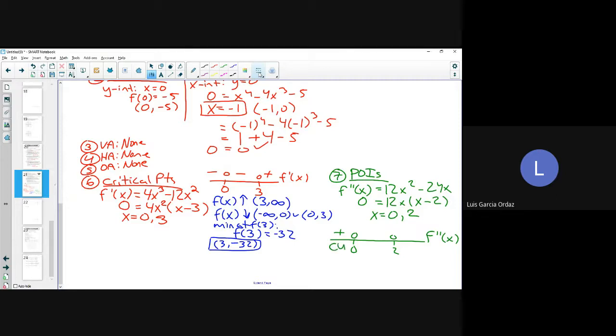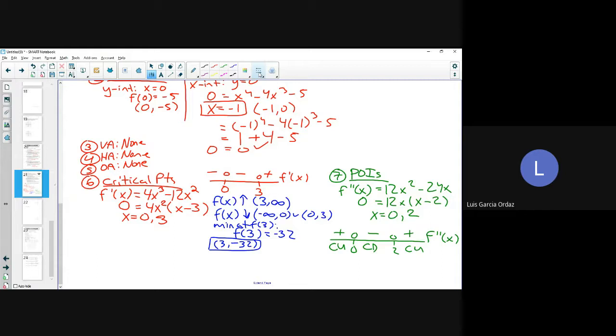If I plug in a number between 0 and 2, I get a negative, which means I'm concaving down. And after 2, I will be concaving up, which means that I need to figure out what f at 0 and f at 2 are for my points of inflection.